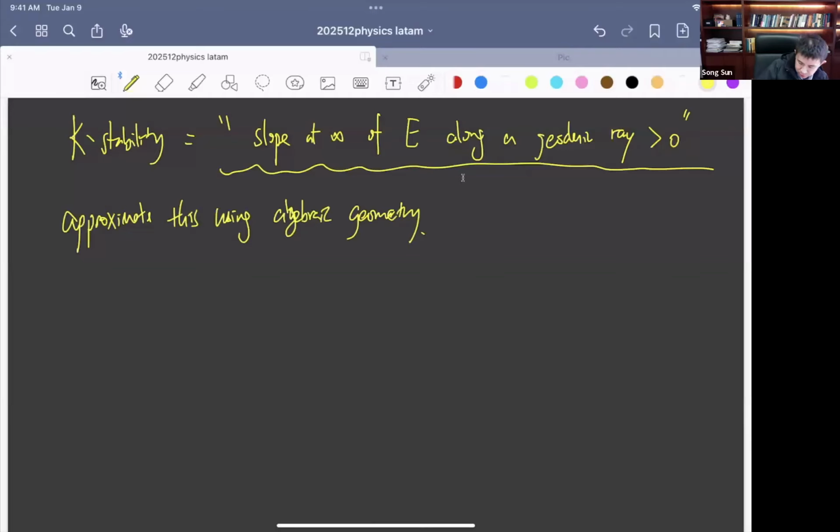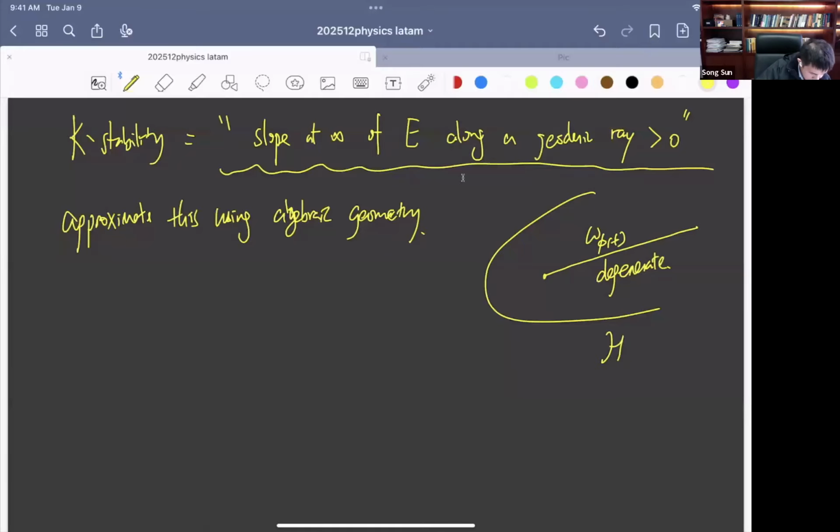This is your space H, and you are going to infinity along a ray. That means you have a family of omega phi t. This metric going to infinity means it has to degenerate. And the algebraic approximation of this is called a test configuration.